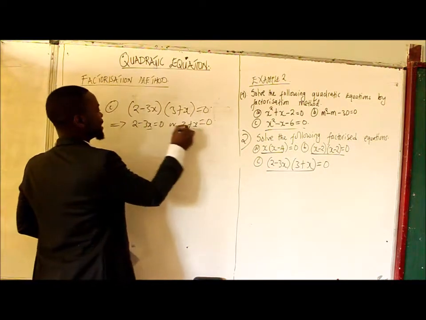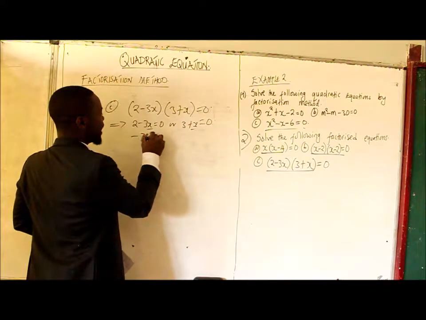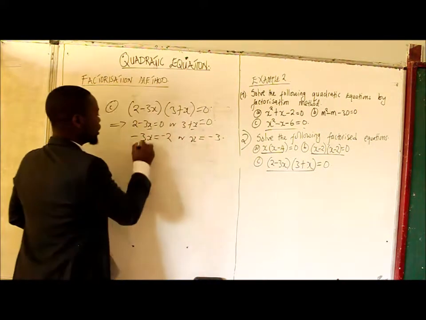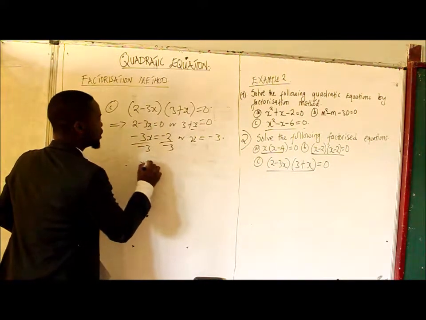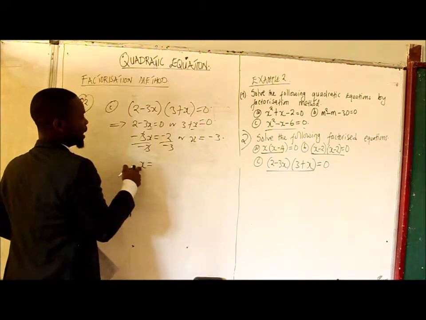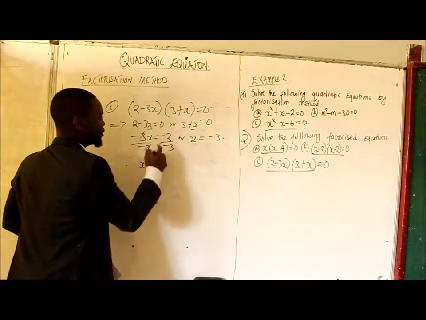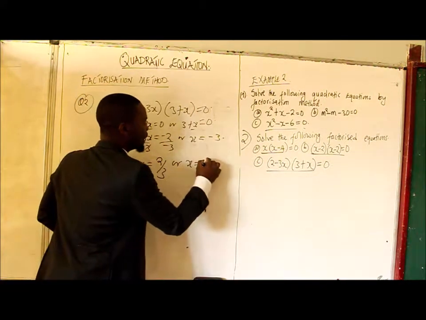If we make x the subject here, we'll be having negative 3x is equal to negative 2, or x is equal to negative 3. Here we divide by negative 3. Therefore, x is equal to, this will cancel, negative 2 divided by negative 3, it's 2 over 3. Or x is equal to negative 3.